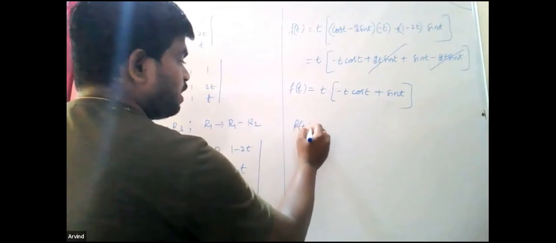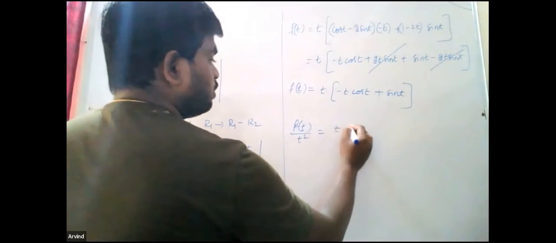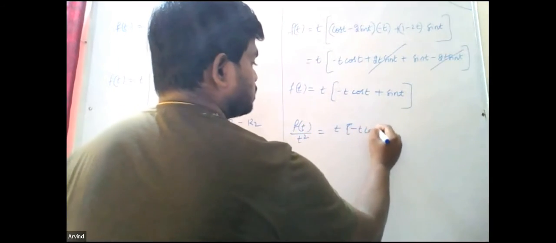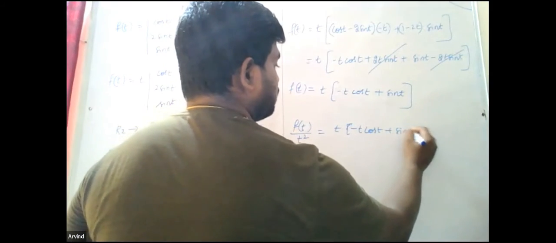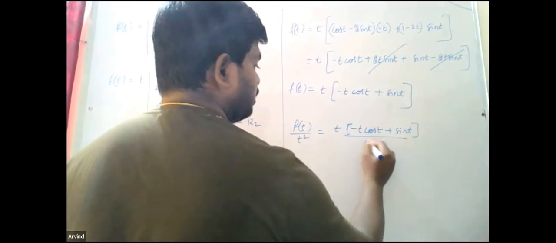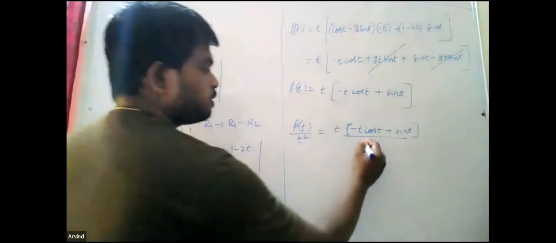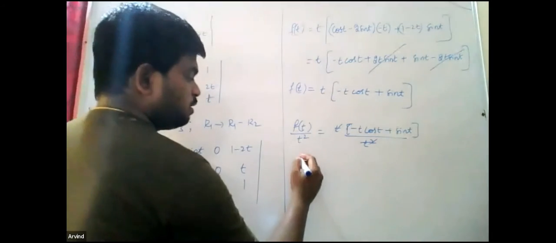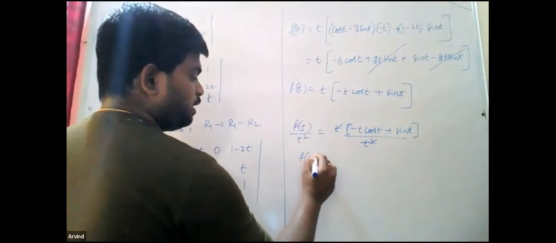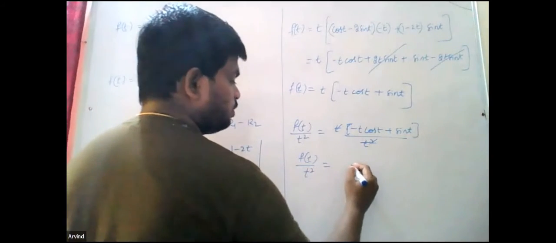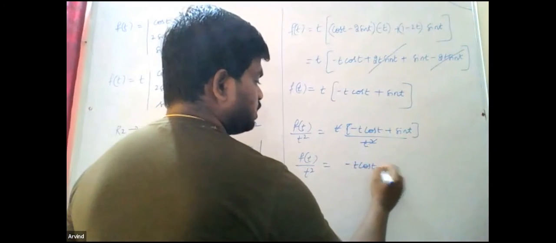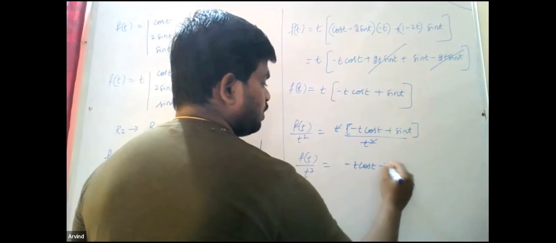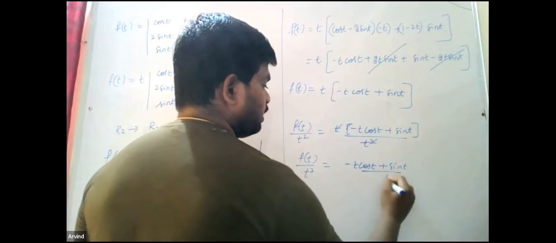So I will divide by t square. t into minus t cos t plus sin t divided by t square. One t cancels, right? So f of t by t square is equal to minus t cos t plus sin t by t.